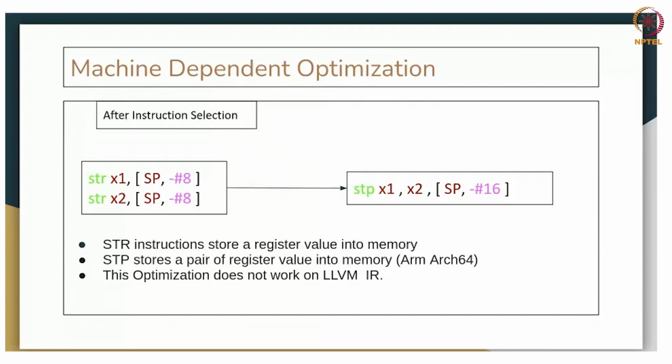So this is done after instruction selection. STR is an instruction available in the ARM machine, and if you have AArch64 which supports STP, this optimization happens. This is a point to be noted in machine dependent code optimization or machine code generation.